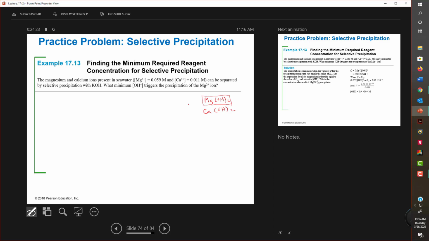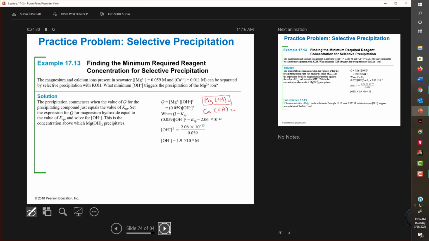All right, so let's look at the problem. I probably need to erase. All right, we've got to calculate Q for magnesium hydroxide. Magnesium hydroxide dissociates into magnesium 2 positive ions and 2 hydroxide ions. Here's my expression.